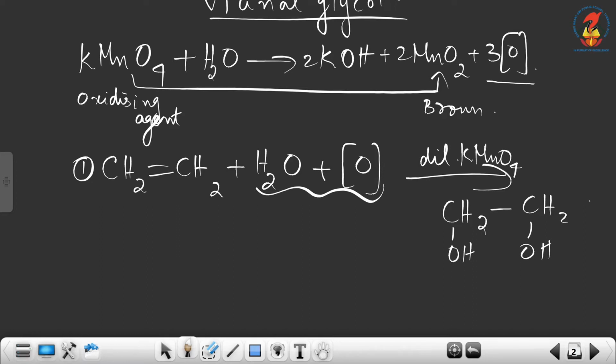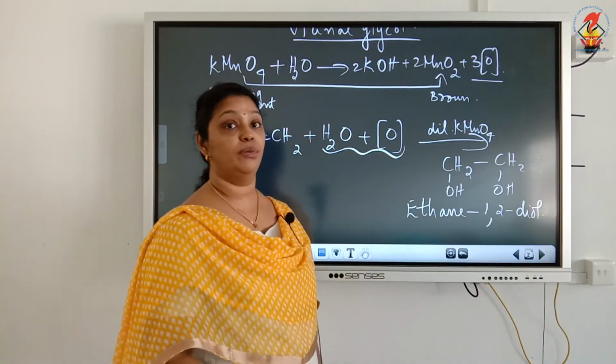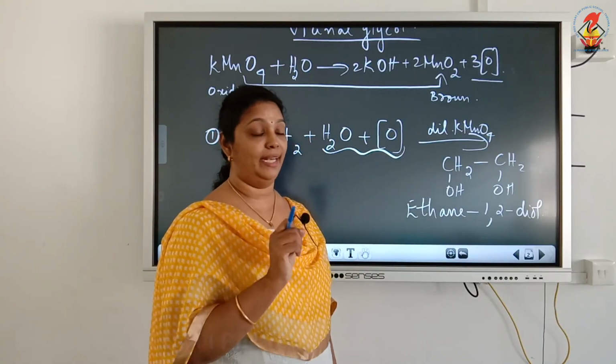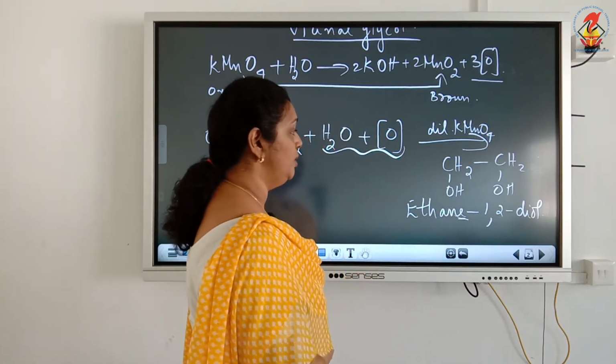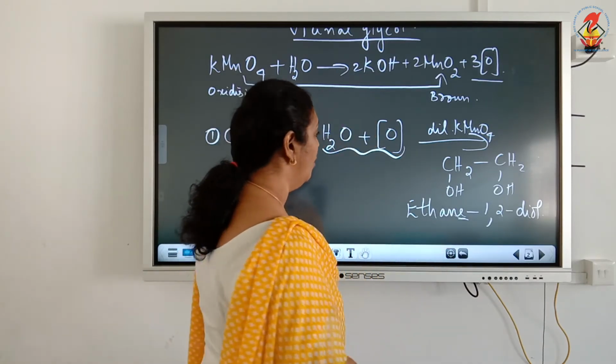Now, this is a vicinal glycol, and the name of this compound is ethane-1,2-diol. There are 2 OH groups, and if the same functional group is repeated, then we have to retain the last E of the alkane. So ethane, E must be written, hyphen 1 comma 2, 2 OH groups, so diol.